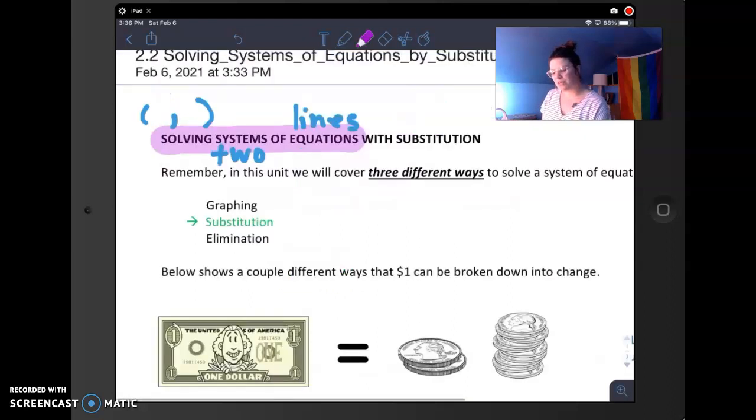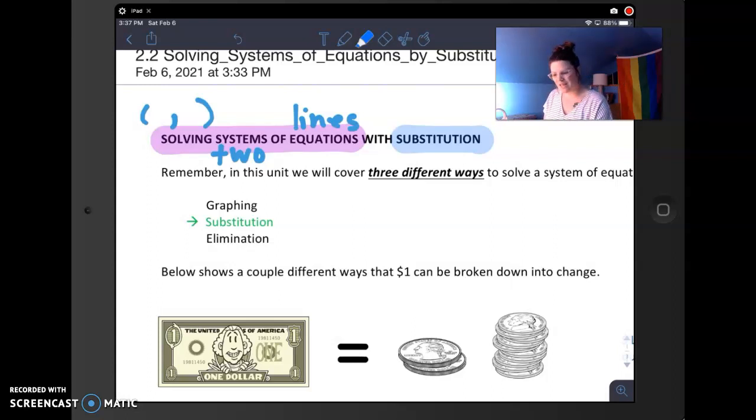And here's a new word that we haven't seen yet at all this year: substitution. Just like a substitute teacher is a substitute for your teacher when you're in school, a substitution is when we trade in an equation for something else that's equal to it.